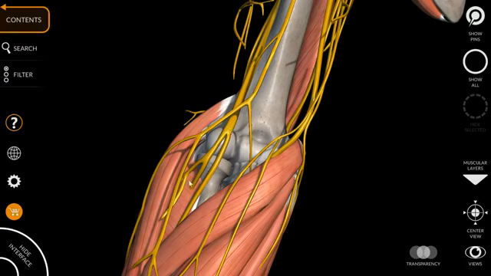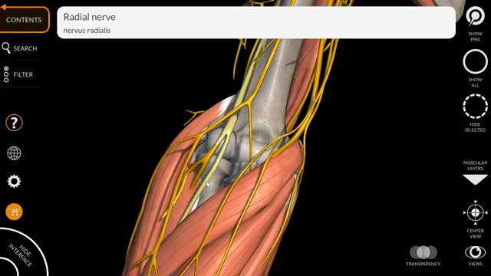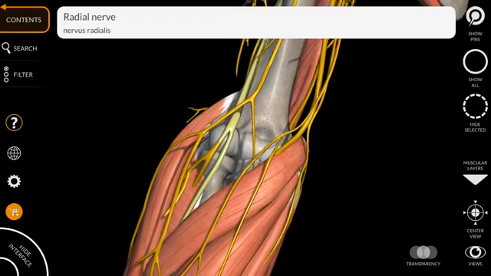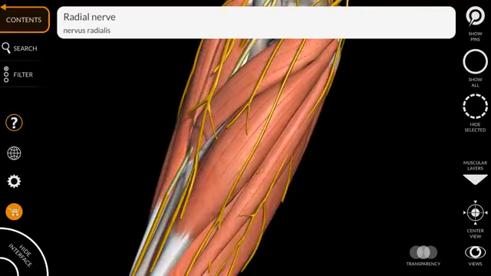The deep branch will go posteriorly into the posterior facial compartment of the forearm and going to supply all the muscles, superficial as well as the deep muscles of the forearm. And this is the superficial part of the radial nerve and it is going to supply the lateral compartment of the forearm, as you can see here.